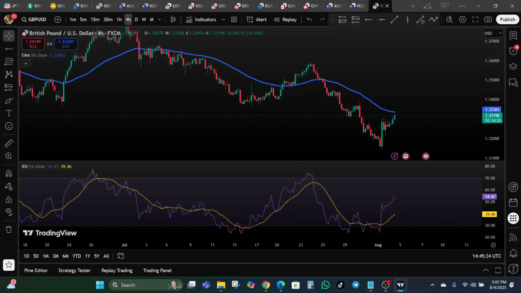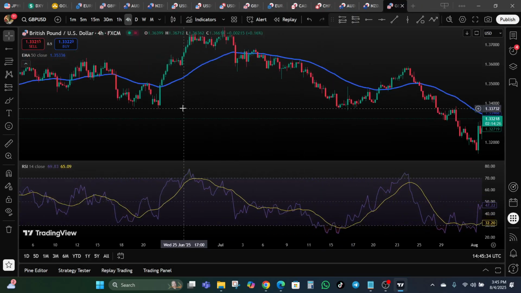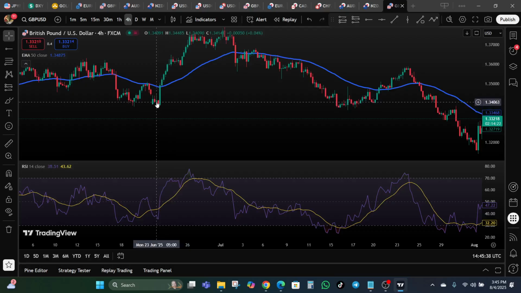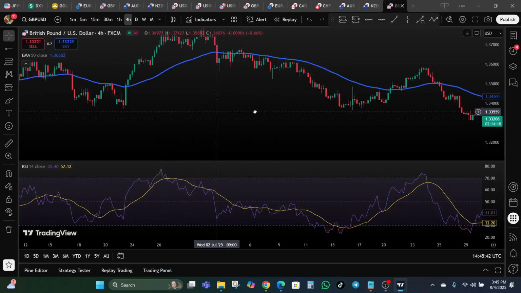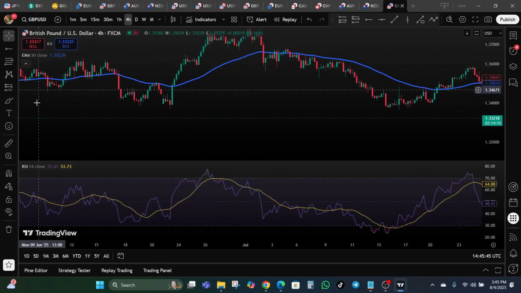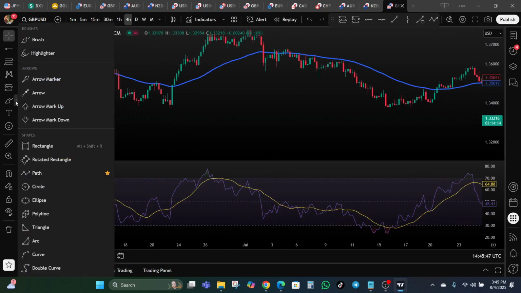So the first step is spotting a valid engulfing candle. For a bullish engulfing, you need a green candle to fully cover the body of the previous red candle. And you can see that that is exactly what happened here.